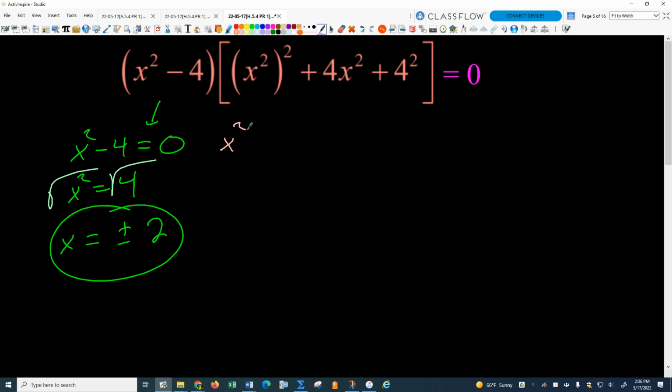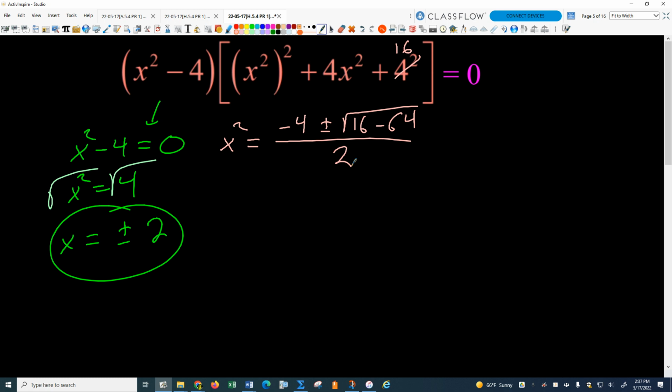So we'd get x squared equals negative b, so that's negative 4 plus or minus square root b squared minus 4ac. That's a 16 actually, isn't it? We're going to replace that with a 16. 4 squared is 16. So that's going to give us 64, all divided by 2.